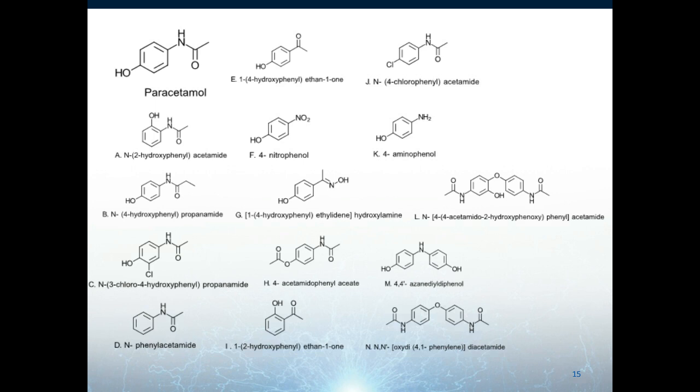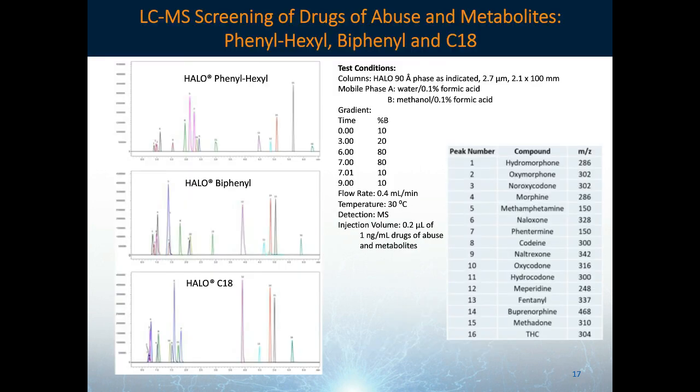Next, I'd like to talk about LC-MS screening of drugs of abuse and metabolites. In this particular slide, we're looking at phenylhexyl, biphenyl, and C18. I've put the phenylhexyl on top because it was showing the best resolution of the different peaks compared to Halo biphenyl and Halo C18.